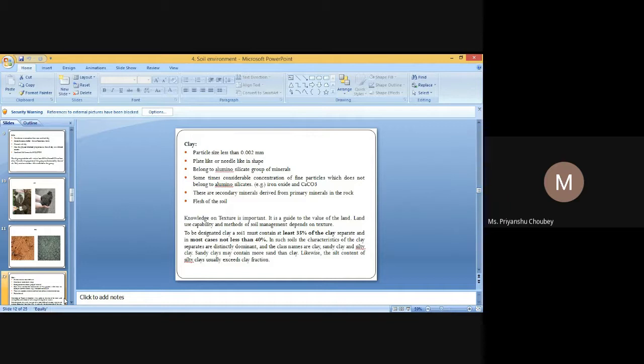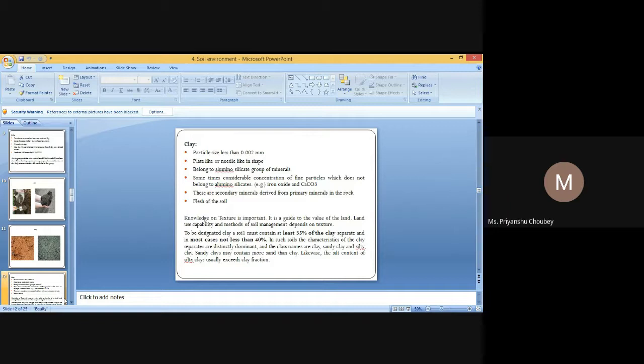Sometimes there is a considerable concentration of fine particles which do not belong to aluminosilicate, for example iron oxide and calcium carbonate. These are secondary minerals derived from primary minerals in the rock fraction of the soil.